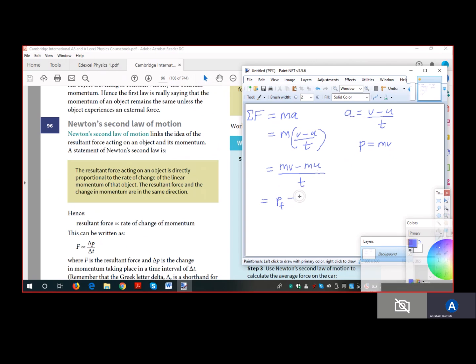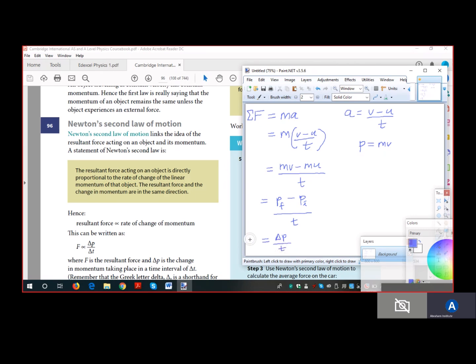And mu is the initial momentum, mass times the initial velocity. So final momentum minus initial momentum, divided by the time taken for that change in momentum. Final momentum minus initial momentum is the change in momentum, so I can write delta P over t.